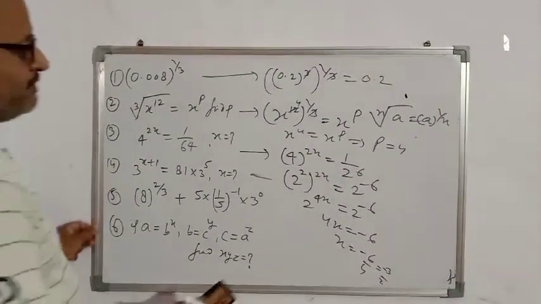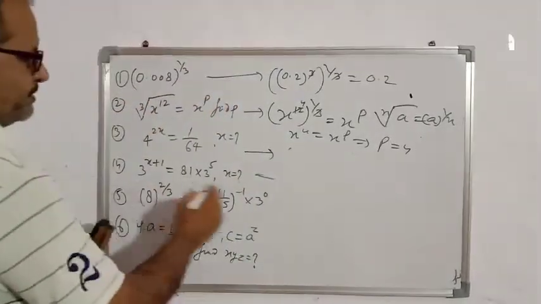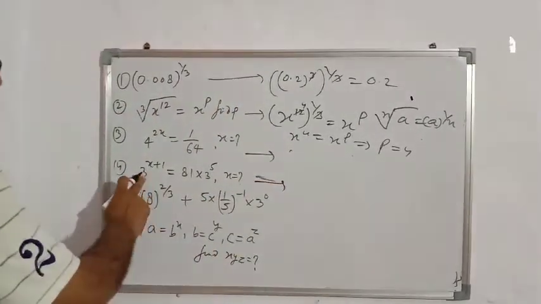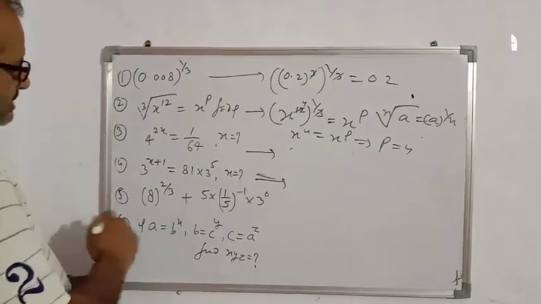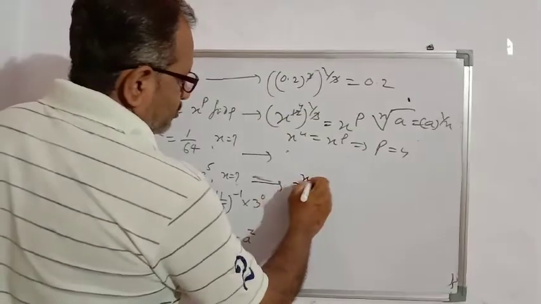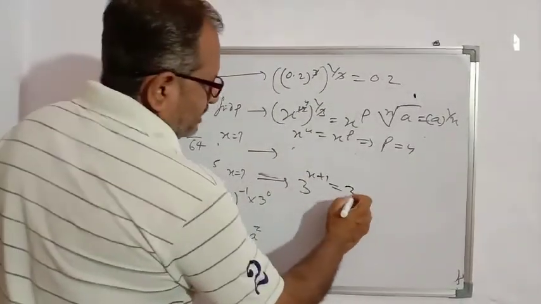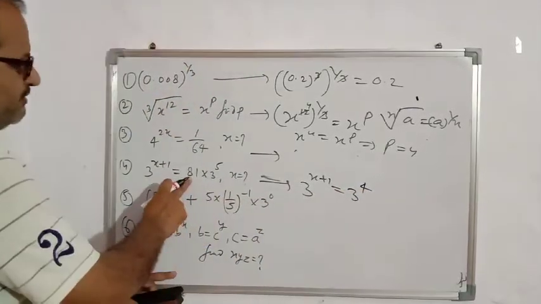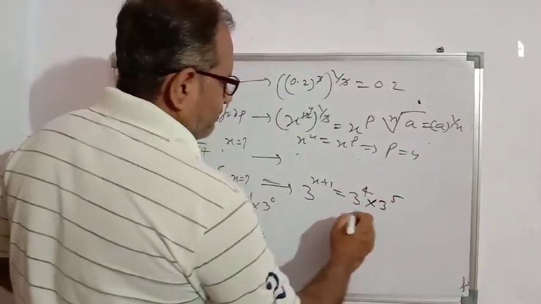So that was question number 3. Now see question number 4: 3 to the power x plus 1 is equal to 81 into 3 to the power 5. We have to find x. 81 can be written as 3 to the power 4, so 3 to the power 4 into 3 to the power 5.